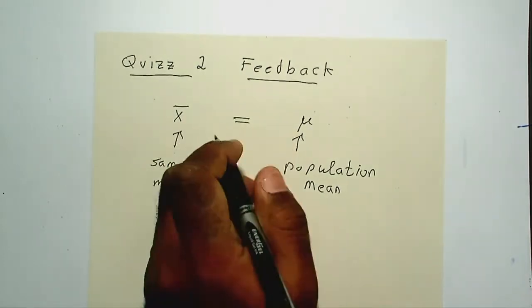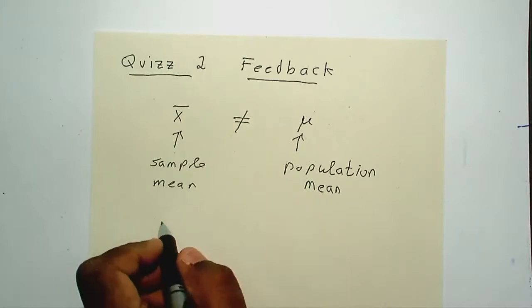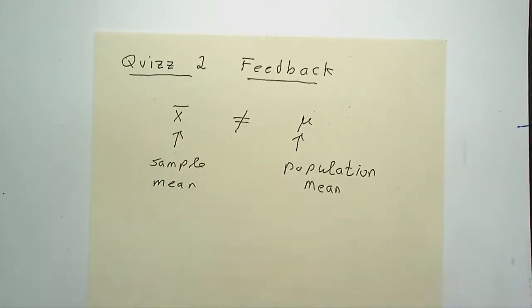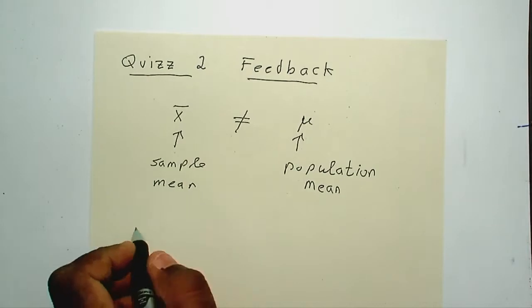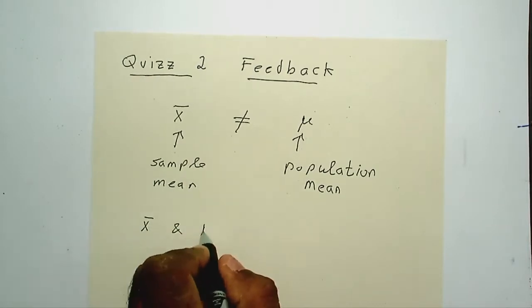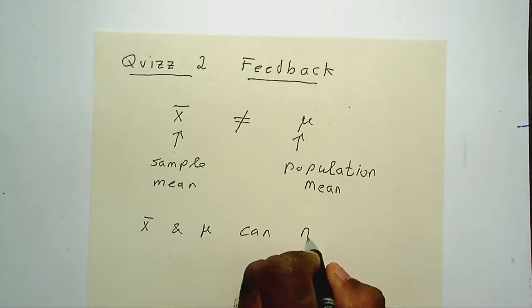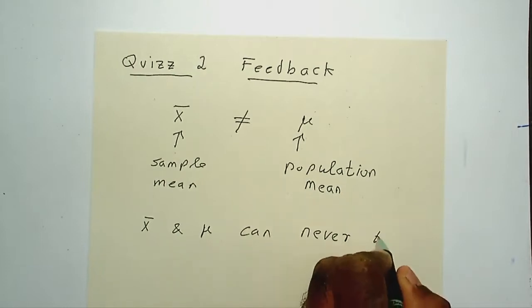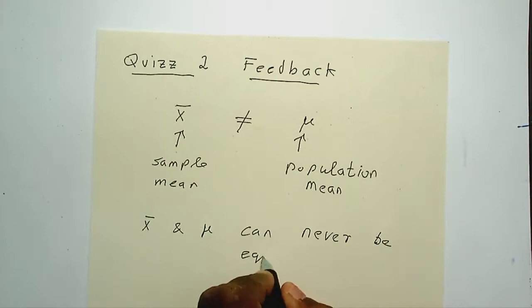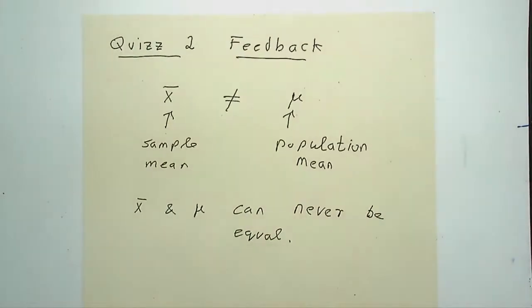So these two are never equal. It is plain wrong to say that x bar is equal to mu. The reason they can never be equal is because the population is usually not accessible.